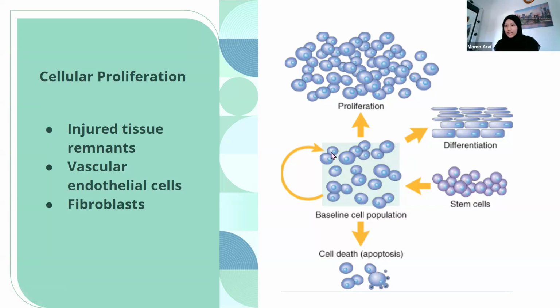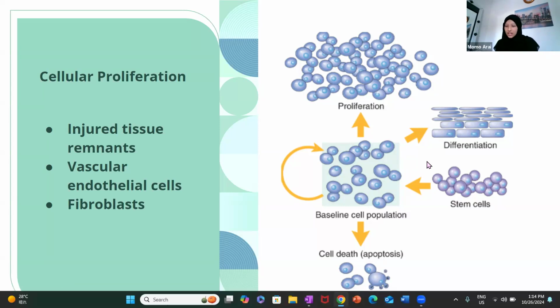Now, he put this picture to show you, again, I'll get into stem cells. It's for you to understand that there are stem cells, which are cells that can give rise to more cells. Basically, that's the meaning of stem cells. It can differentiate into specific functions, specific cells, or it can give rise to more of its own kind.